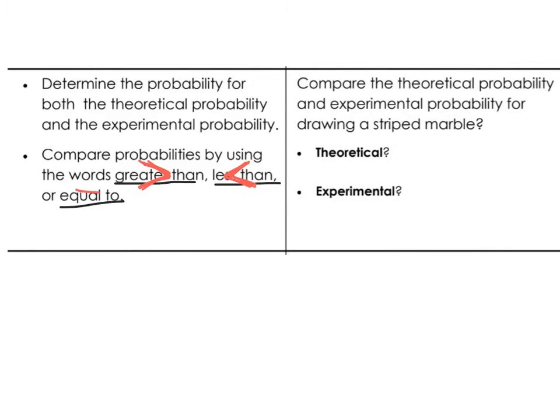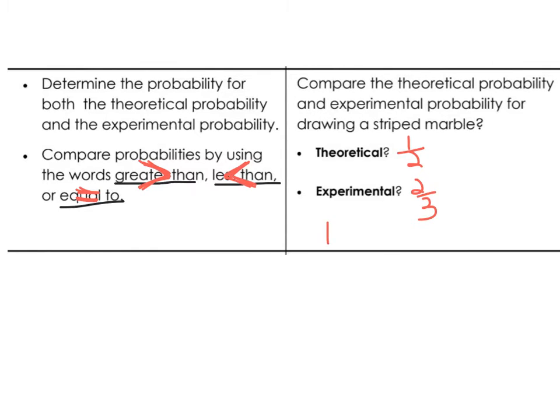And equal to, well, obviously it's going to be the equal sign. So when we were doing theoretical probability on our bags of marbles, we knew that it was going to be half. The probability of experimental would be 2/3.